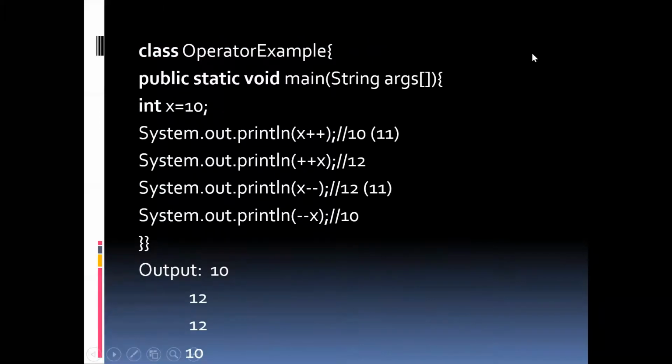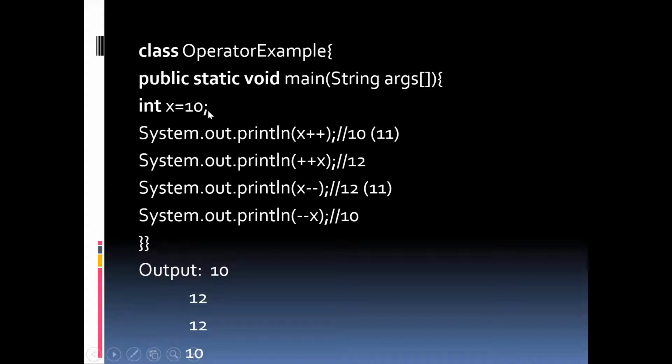You will understand well by looking at the program. Looking at this program, you can understand that this is a program related to the unary operator, and here is a variable x of int type, and the value given is 10. This is post increment, this is pre increment, this is post decrement, and this is pre decrement.